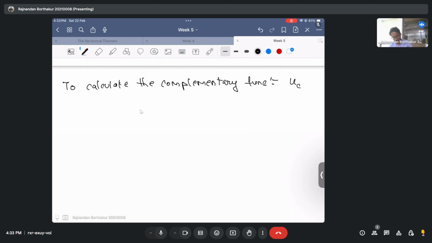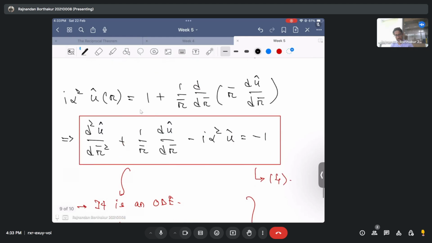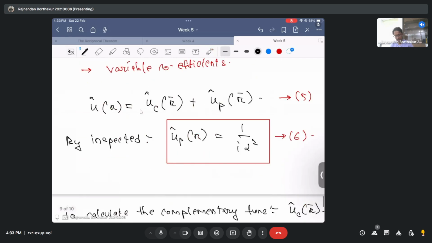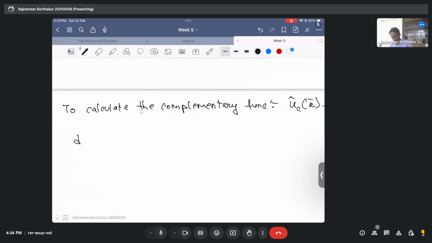which is nothing but UC hat of R bar. Okay. So what does the complementary function satisfy? The complementary function satisfies the homogeneous part of the ODE, which means my UC hat will satisfy d2 UC hat by dR bar squared plus 1 upon R bar dUC hat by dR bar minus i times alpha squared UC hat equal to 0.